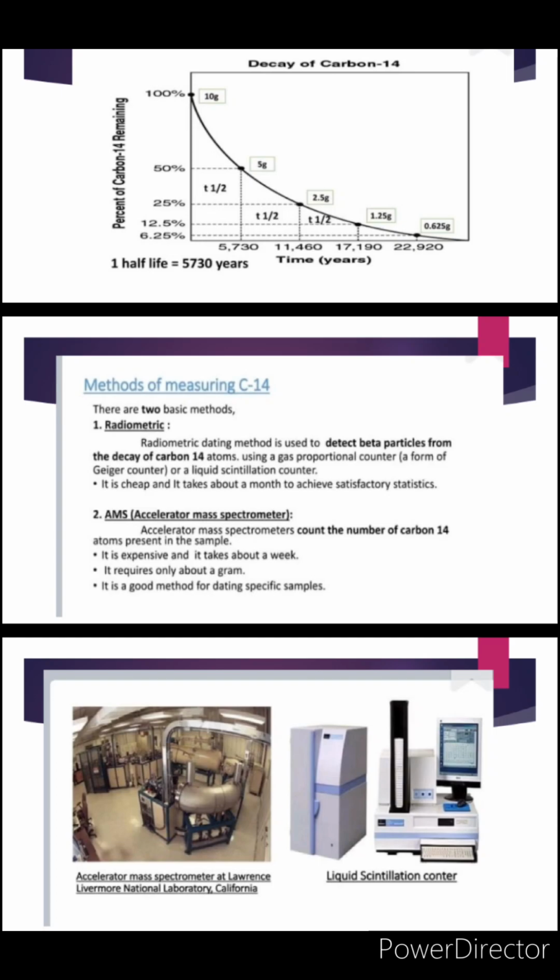AMS, the accelerator mass spectrometer, counts the number of carbon 14 atoms present in the sample. Through this method we can calculate how much carbon 14 is present in the sample. It is also very expensive compared to the radiometric method.